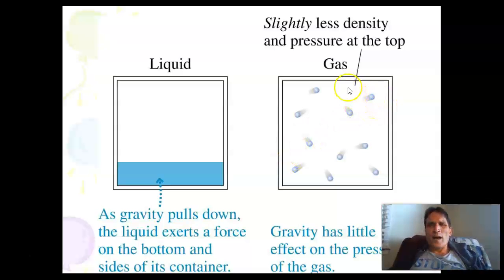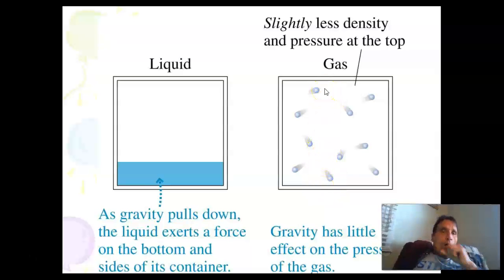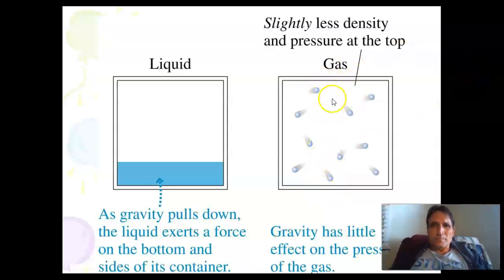In this case, gravity has very little effect on pressure. In other words, the pressure at the bottom of the container is not any higher than the pressure at the top, because there's no more weight on the bottom than there is on the top. So with gases, in general, the pressure is constant throughout the container. When we deal with a can of gas or vapor, the pressure is pretty much uniform inside the container.